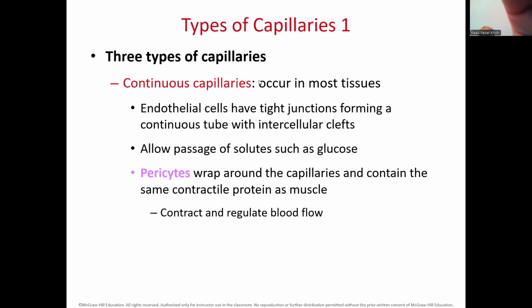There are endothelial capillaries, and they wrap around the capillaries and they contain the same contractile protein as the muscle. So pericytes are found in your retina. That's why people with high blood sugar get blood rupture in their eyes, in their retina, because the sugar is going to accumulate in the pericytes.